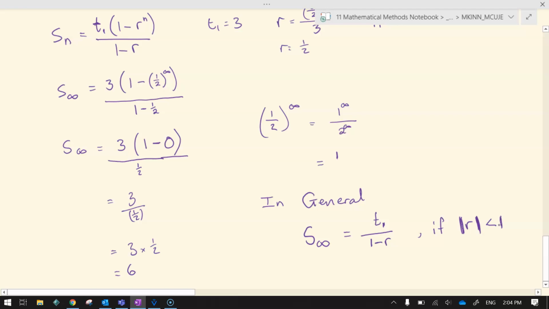When I'm multiplying by a positive or negative fraction between -1 and 1, that's when it will have an infinite sum that I can calculate.